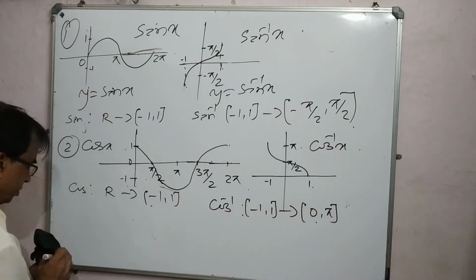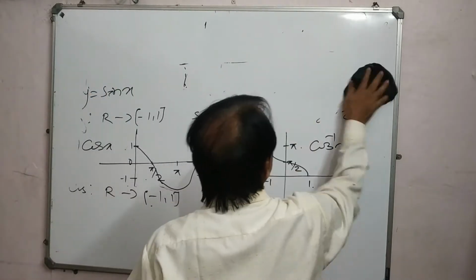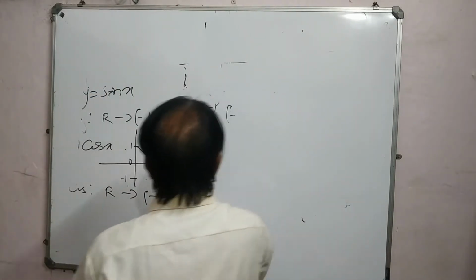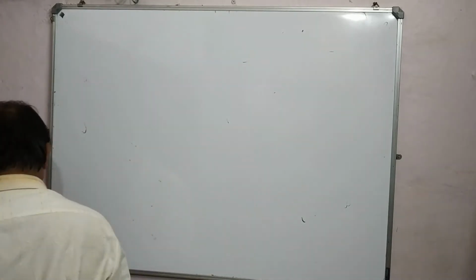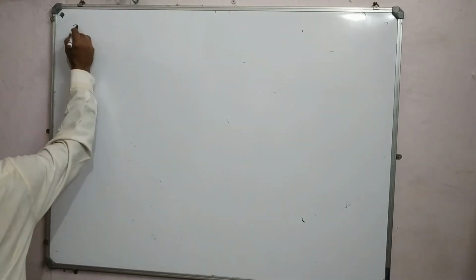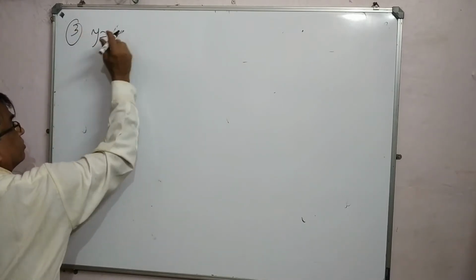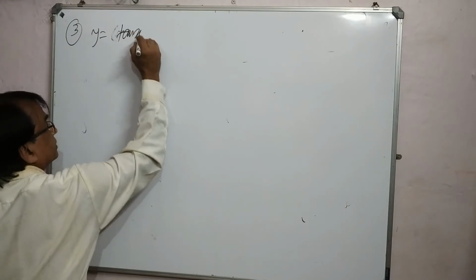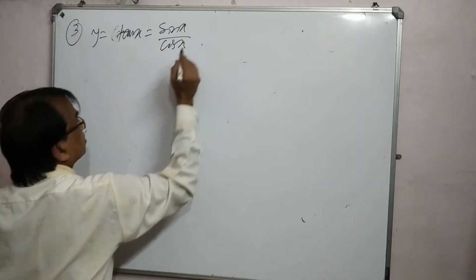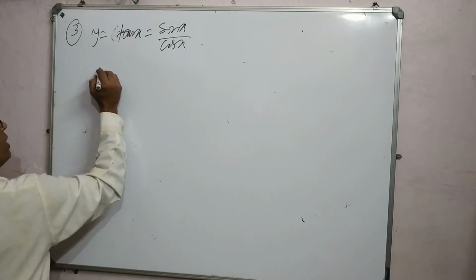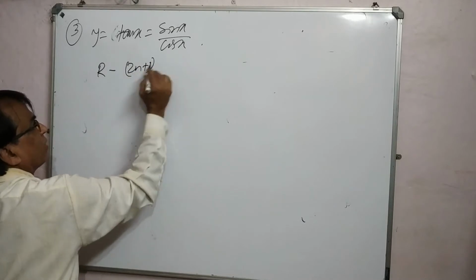Now coming to tan x. Number 3, y is equal to tan x, and tan x is equal to sin x by cos x. So the domain is R minus (2n plus 1) pi by 2.